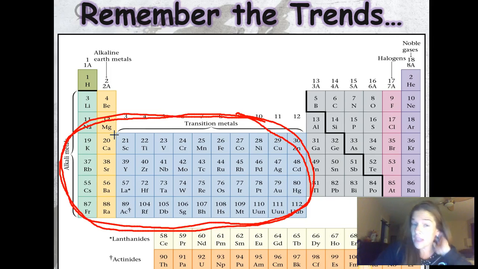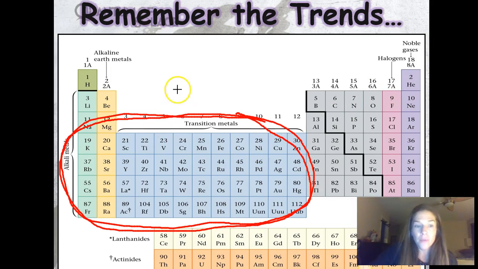So the energy to pull them off, remember ionization energy, is quite low over here, because these would rather just get rid of a couple electrons in order to fulfill their 8 rather than gain 7 or 6 electrons. It's much easier for them to get rid of a few rather than gain a bunch. So we call them the losers, okay?